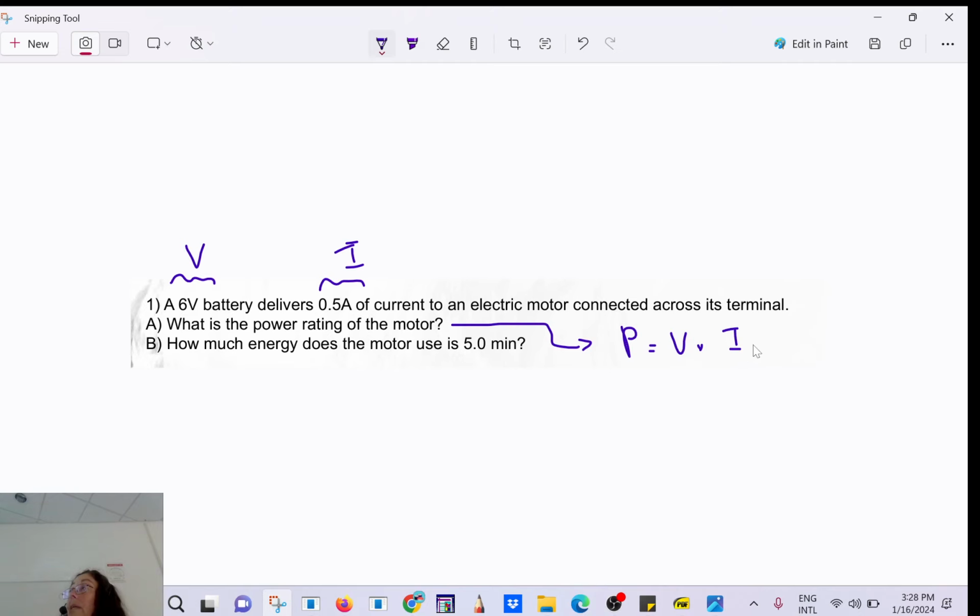Exactly. Okay? So that's the voltage across the power supply. That's the current burped out by the power supply. So it's going to be 3 watts. Very good.